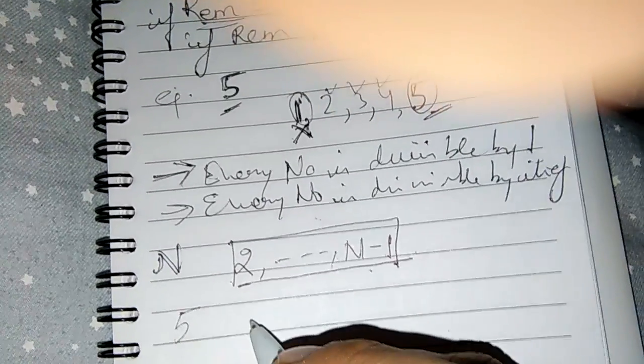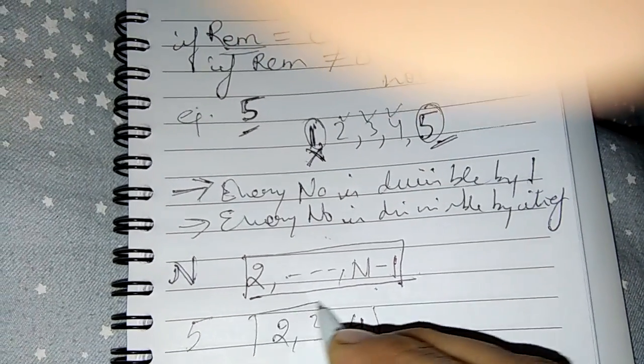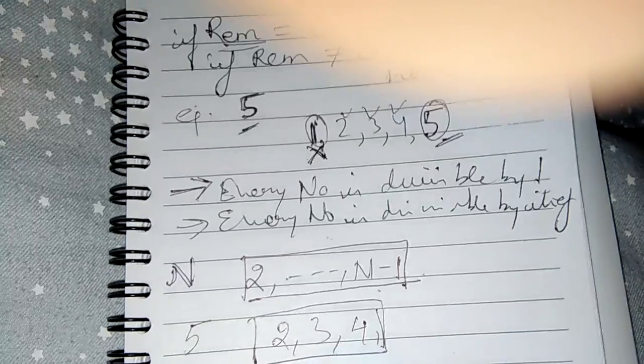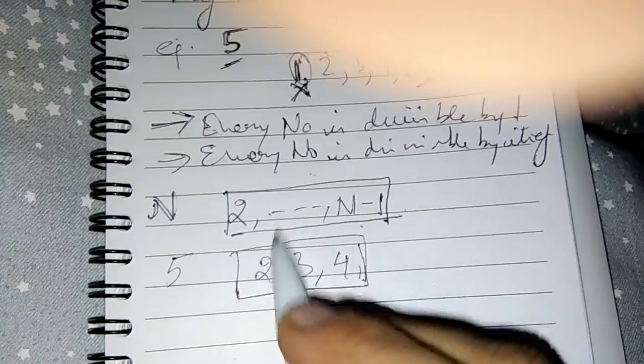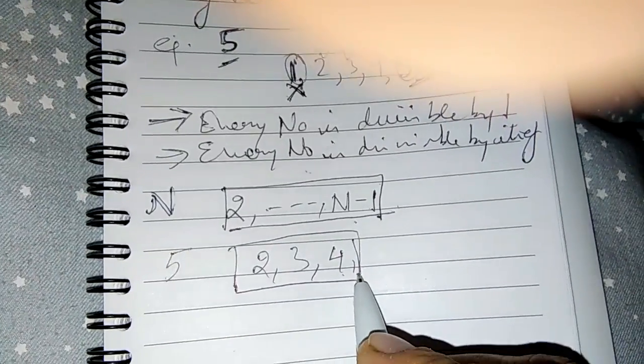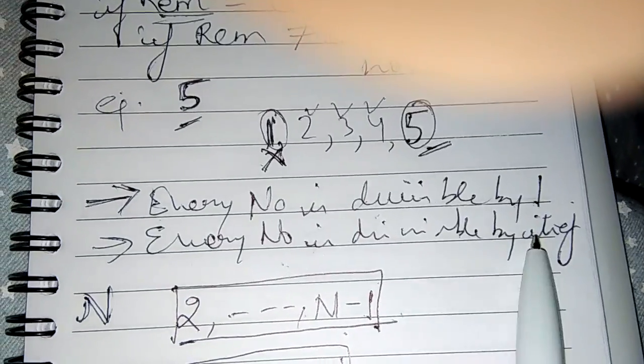For example, if the number is 5, I will check for 2, 3 and 4. I will not check for 1, I will not check for 5, I will only check the numbers in between. Because we know that every number is divisible by 1 and every number is divisible by itself. So there is no need to check.